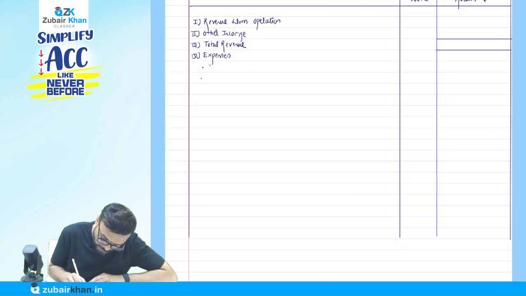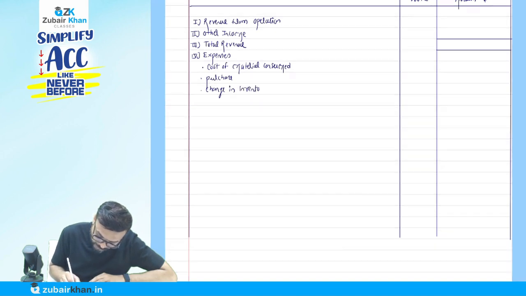That is cost of material consumed. Purchase. Change in inventory. Change in inventories of finished goods, work in progress, and stock in trade.